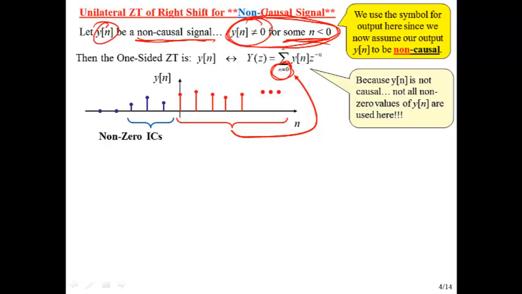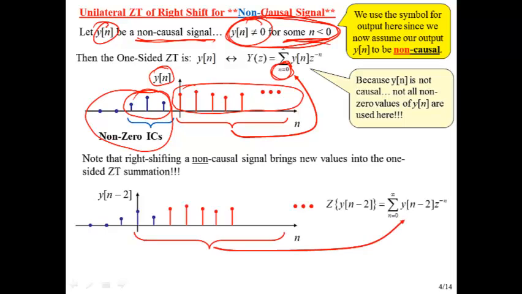So here's a picture that shows some particular y of n with some non-zero initial conditions here. Actually, these would be the non-zero initial conditions, and then some subsequent values that occur after n equal to 0, presumably due to the action of the system.